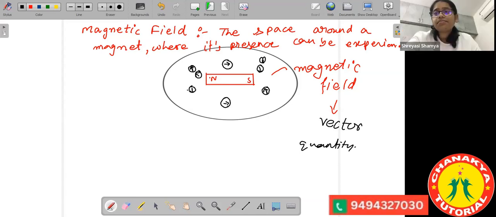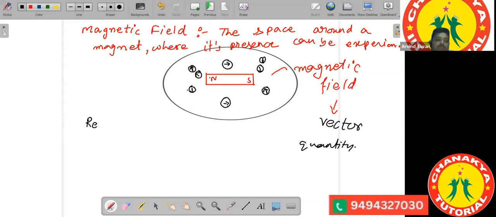Okay, so then we came to representation. How can we represent the magnetic field lines? Next is the representation of magnetic field lines.